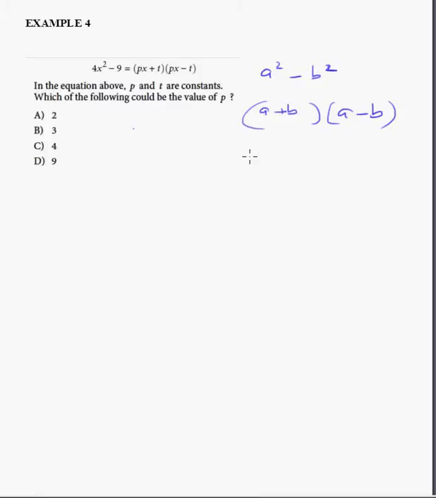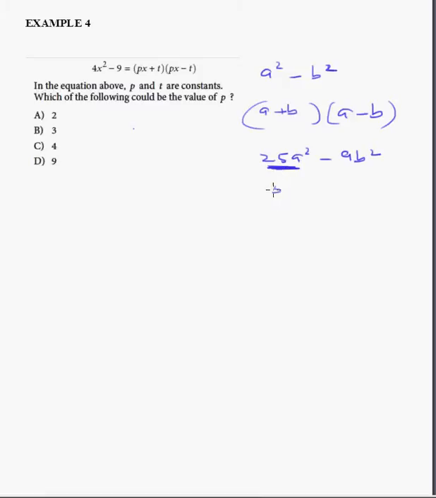So, for instance, if I have 25a squared minus 9b squared. Since they are difference of squares, it is smart to create this to be one common square.